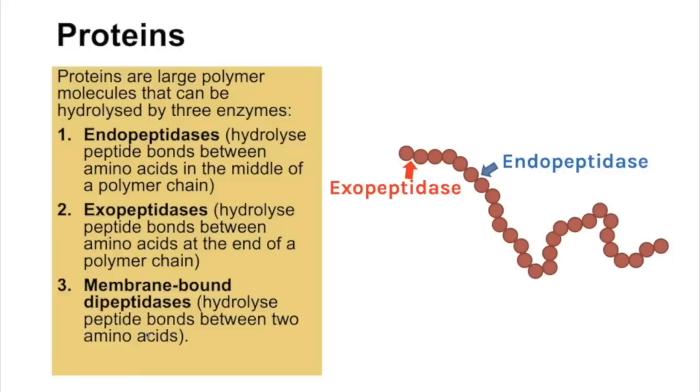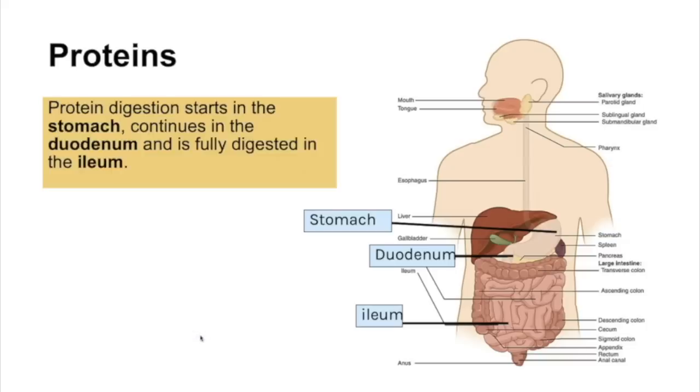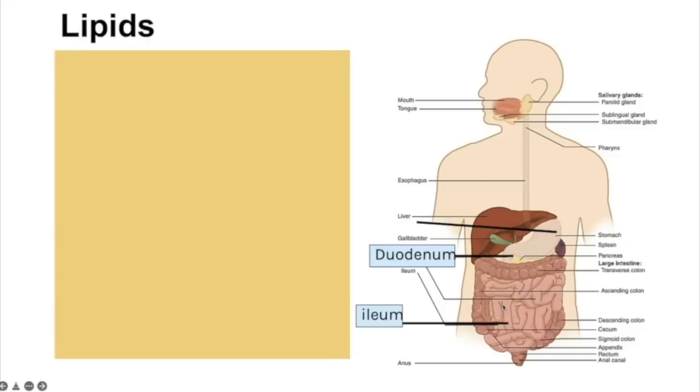And then the membrane-bound dipeptidases will be breaking the peptide bonds between 2 amino acids. So it hydrolyzes those dipeptides. Now, where this is actually happening is firstly in the stomach. So that's where it begins. It continues in the duodenum and then it's fully digested within the ileum.